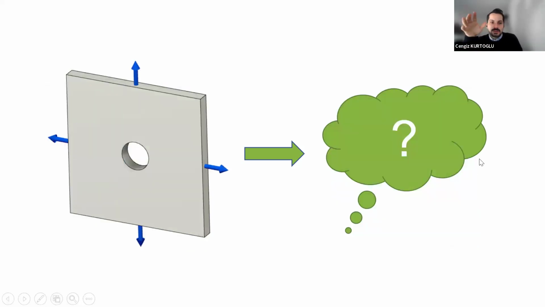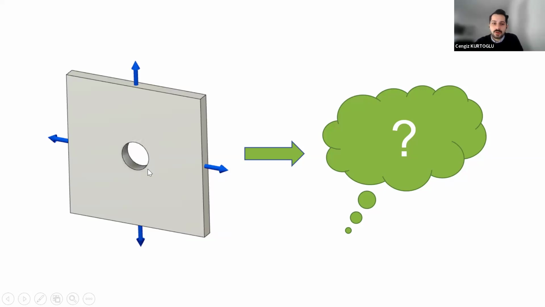Well, for the same part, we change the constraint. If you think about the constraints here, the hole is constrained.